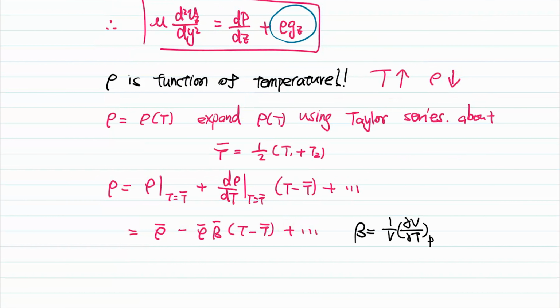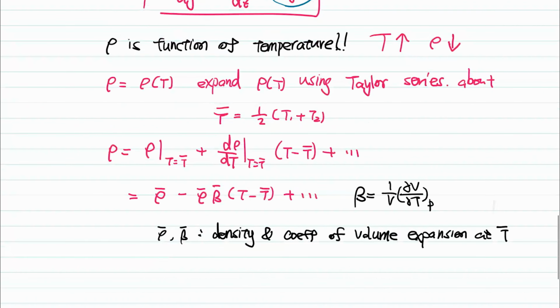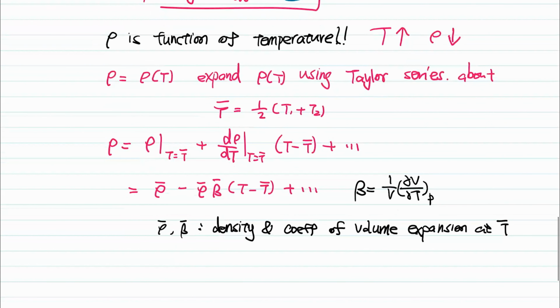So basically rho bar and beta bar are the density and coefficient of volume expansion at T bar. Okay, so we now get the Taylor expansion equation of state.